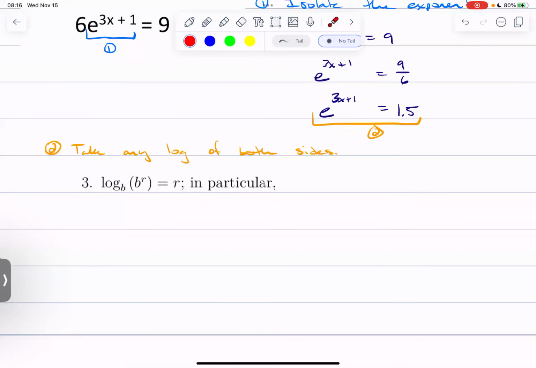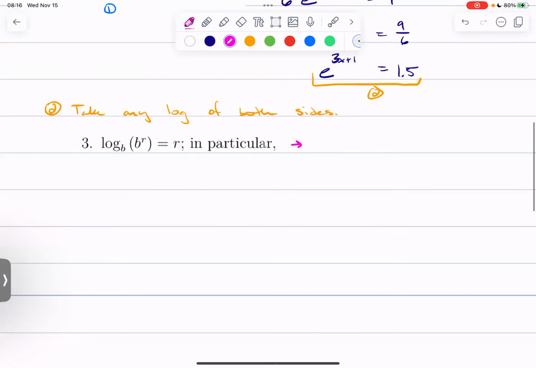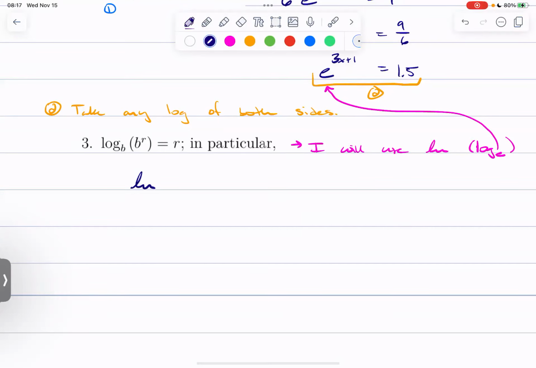It's going to be a little bit more math, but here, what I'm going to do is I will use the natural log, which is log base e, since I have an e here as my base. So then I take the natural log of e to the 3x plus 1 is the natural log of 1.5.